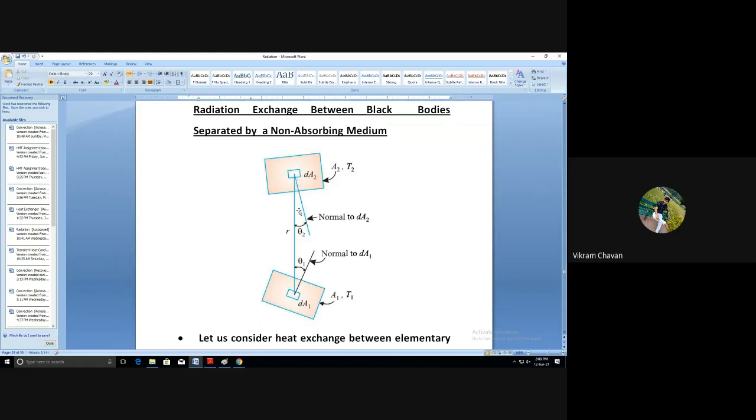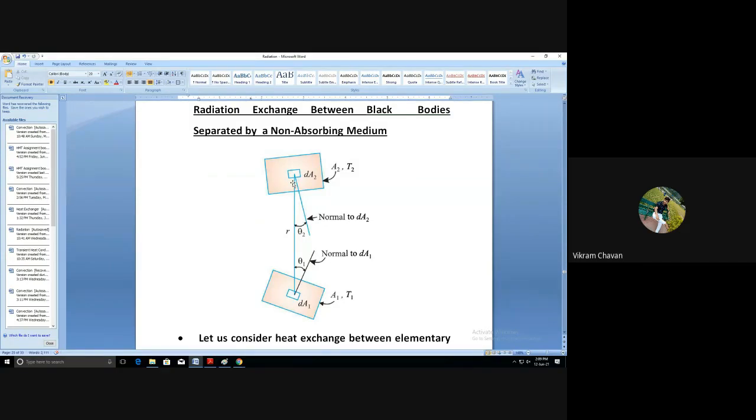Now we have to consider these two bodies as black bodies, and there is nothing present between them, no absorbing medium. As for black body characteristics, we have to imagine that a black body absorbs all the radiation incident on it.